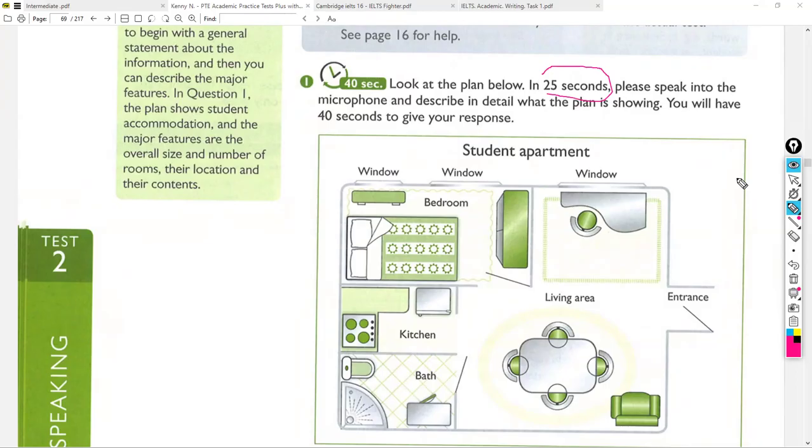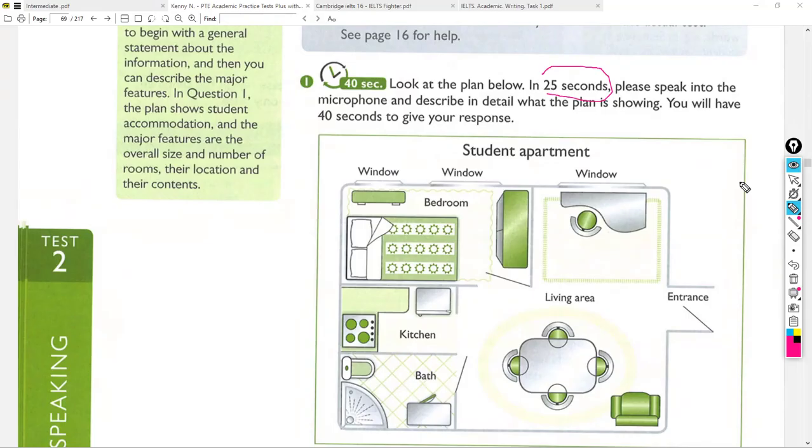Can you explain to me what meaning this image has? Okay. What can you see in this image, Ali? I see here on this image we have a student apartment.